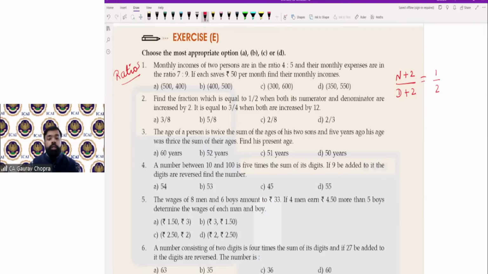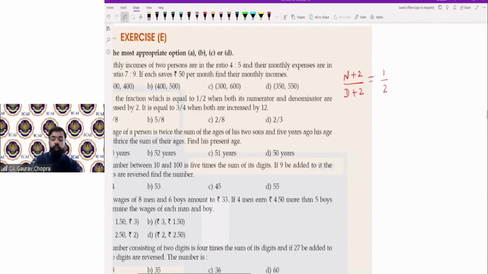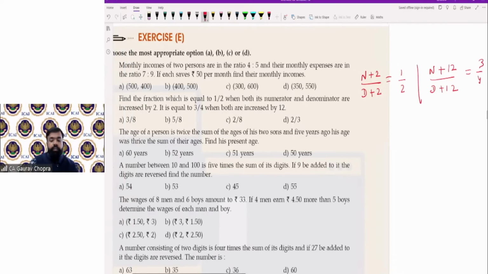It is equal to 3/4 when both are increased by 12. So if you add 12 to the numerator and 12 to the denominator, it becomes 3/4. Now you can check which condition is correct.